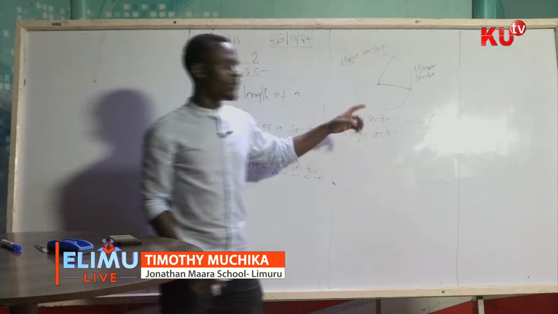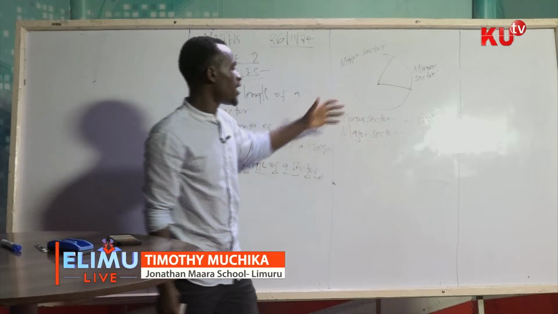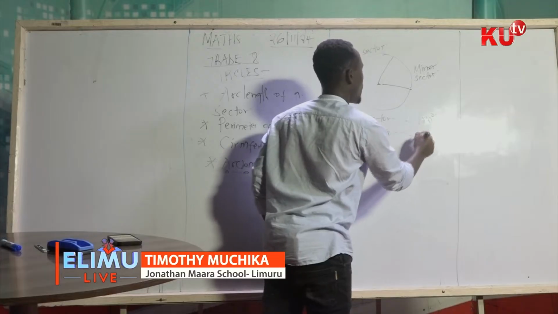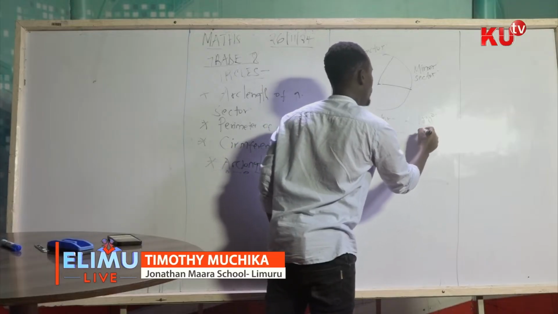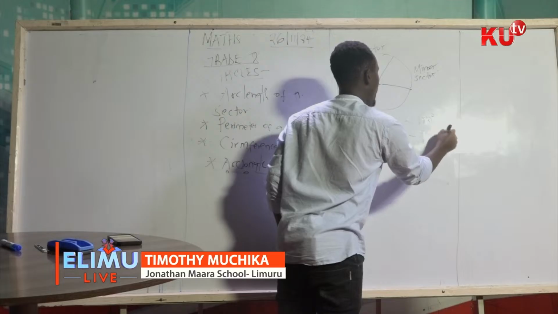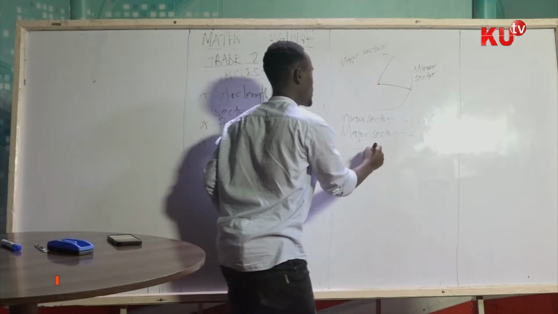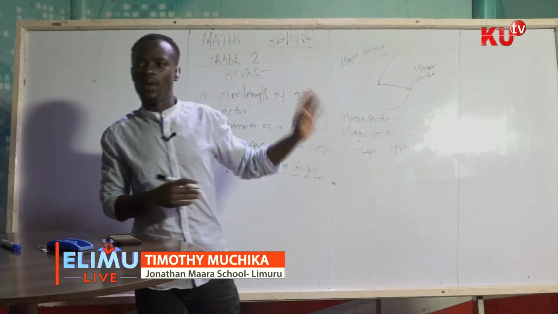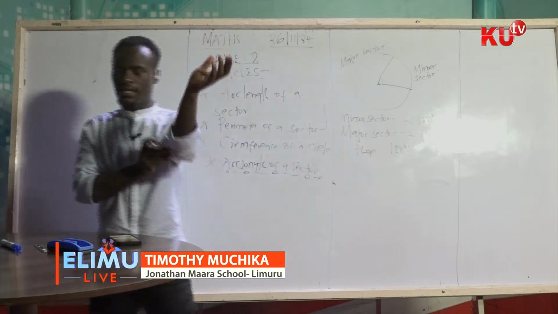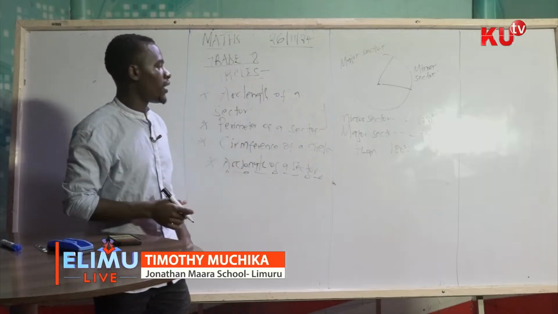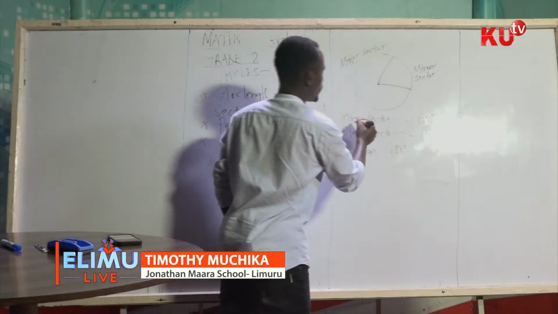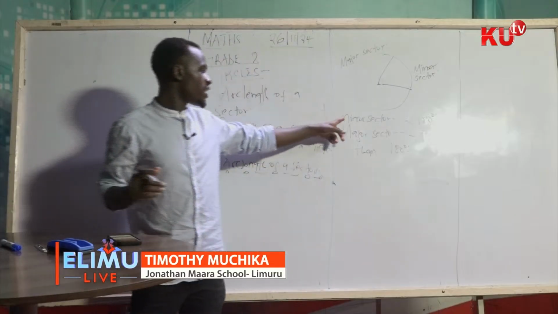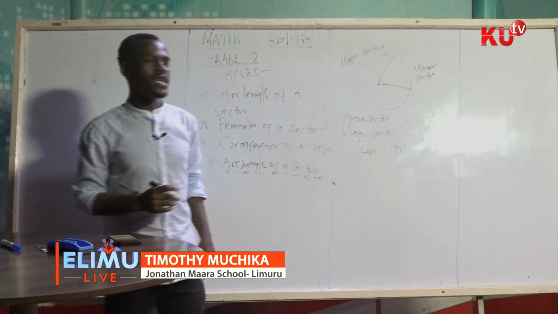You can give a good guess that the major sector is found as a result of an angle greater than 180 degrees. So we are talking of angles like 190 to 300. You can mention several examples. So we have said that we have two types of sectors, minor sector and the major sector.